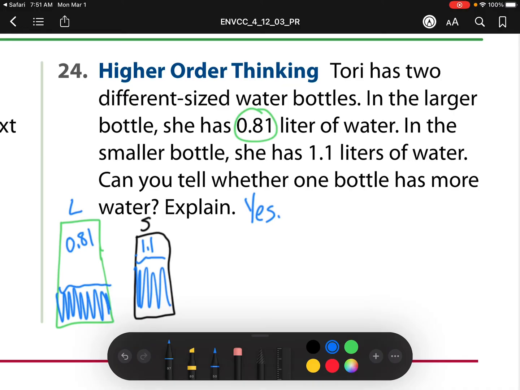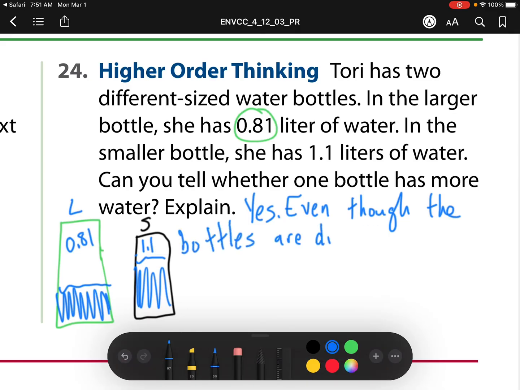So let's put this in our sentence for explanation. Even though the bottles are different sizes, we are comparing the number of liters.